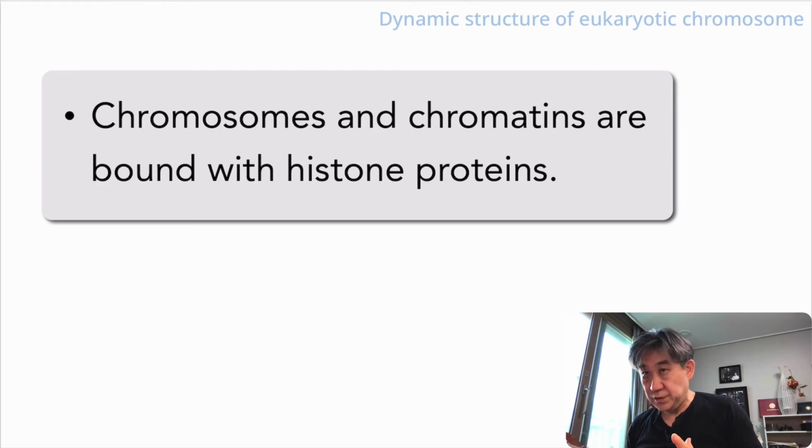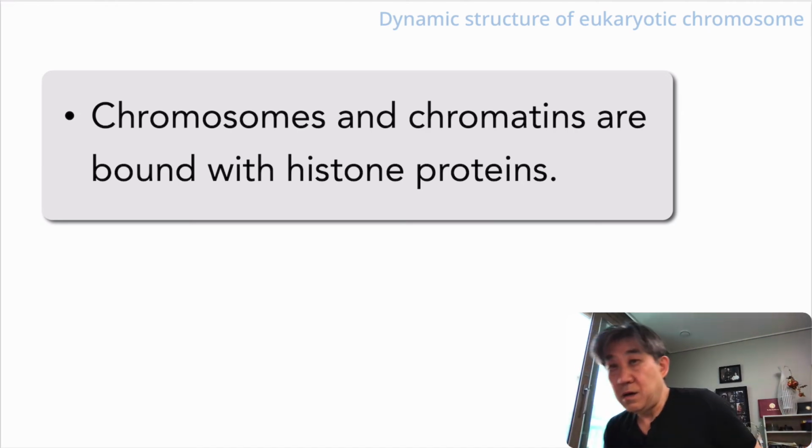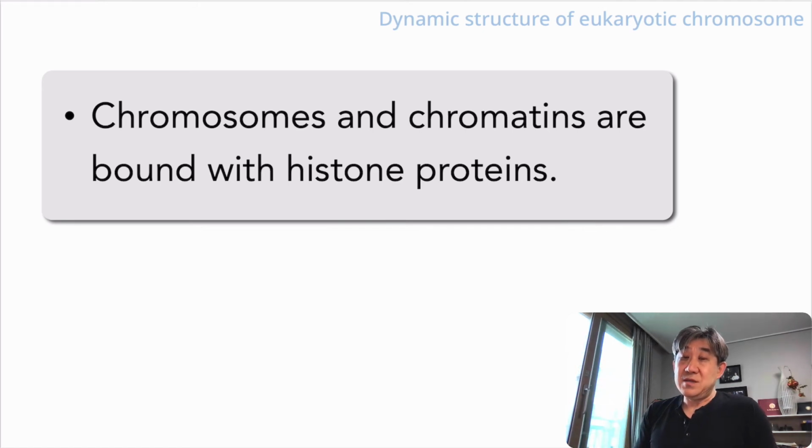So chromosomes and chromatin: the difference between chromosome and chromatin is how tightly they are condensed. Chromosomes are the maximally condensed structure that can only be seen in the very brief period right before cell division, whereas chromatins are a relatively loosely organized structure in terms of condensation.